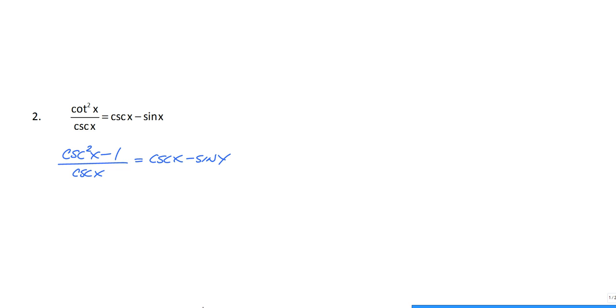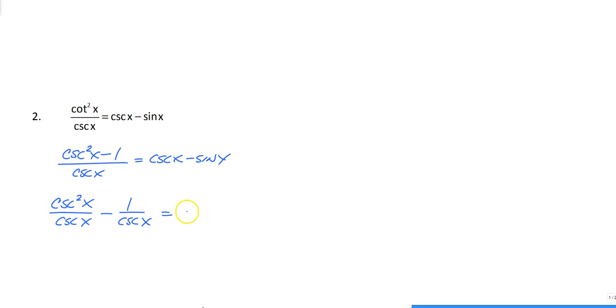You can never do that when the plus or minus is in the denominator, but remember, adding fractions needs to have a common denominator. So our denominator is cosecant x. So we can simplify this to cosecant squared x over cosecant x minus 1 over cosecant x.